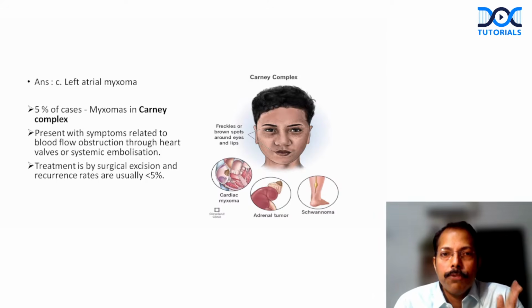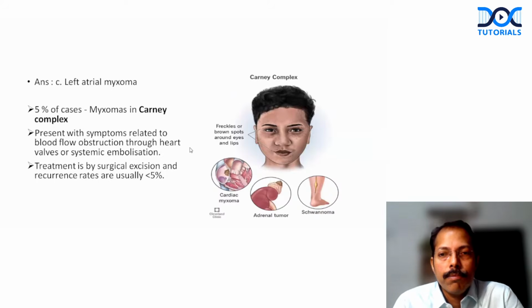In 5% of cases, myxomas will be there in the Carney complex. The Carney complex consists of adrenal tumors, most commonly adrenal paraganglioma or pheochromocytoma, schwannoma, along with cardiac myxomas. So it is one of the triads in Carney complex. The treatment is surgical excision.